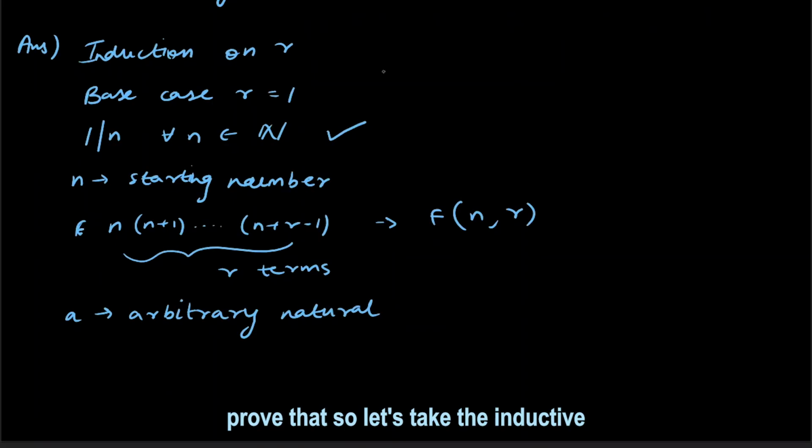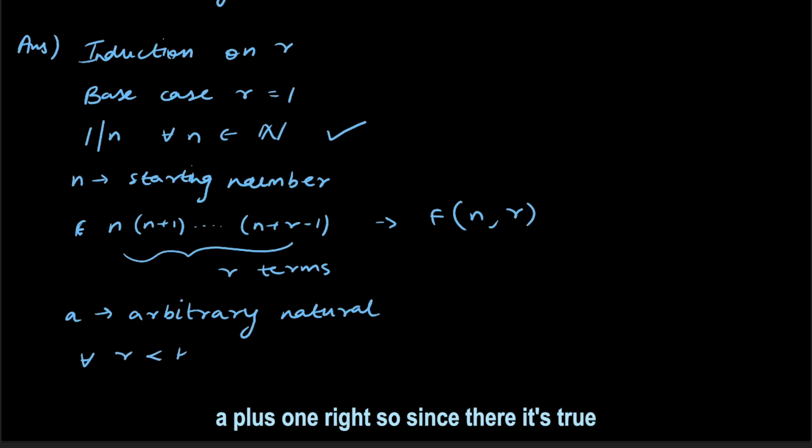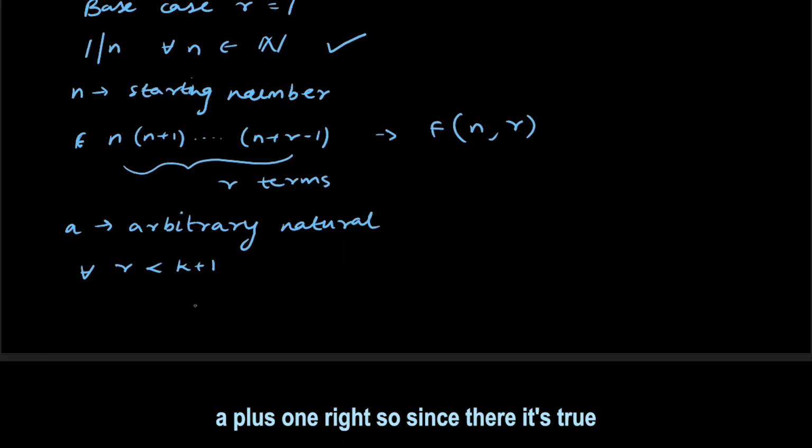So let's take the inductive hypothesis first. For the inductive hypothesis, the statement is true for all natural numbers r that are less than k plus 1, right? So since it's true for all natural numbers r less than k plus 1, we can substitute r equal to k.